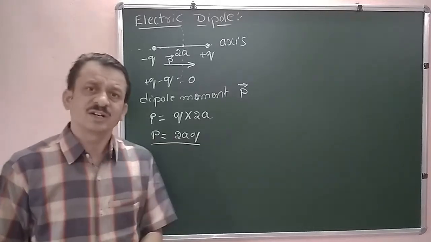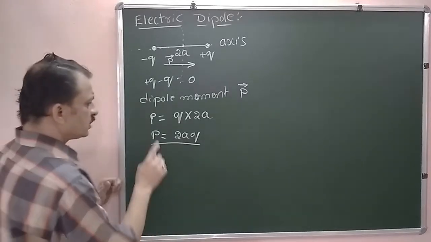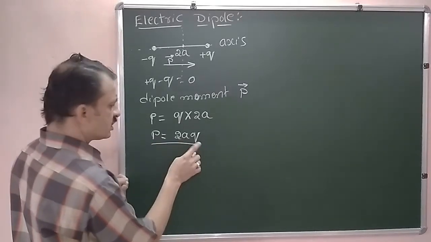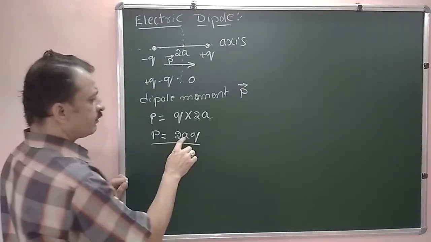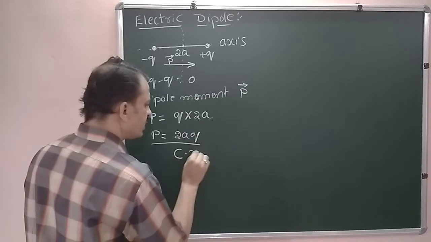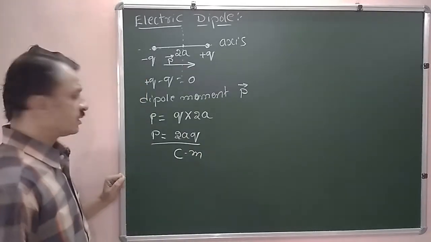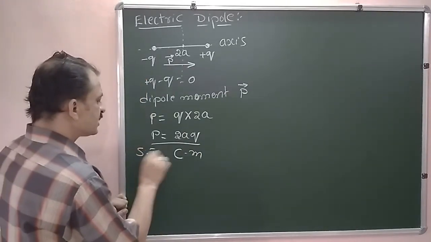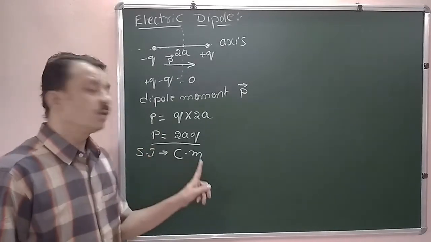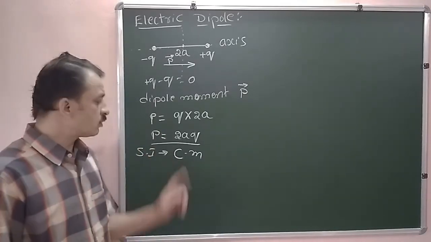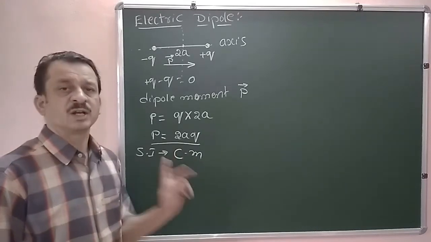Then what is the SI unit of dipole moment? We have a charge, its unit is coulomb, and we have the distance of separation, its unit is meter. Therefore, the SI unit of dipole moment is coulomb meter. You have to write capital C, small m.